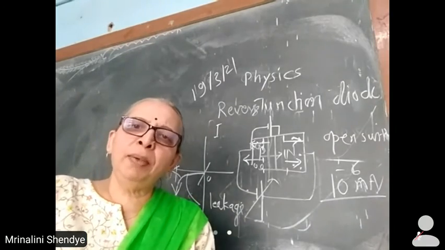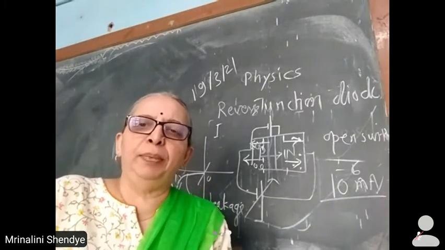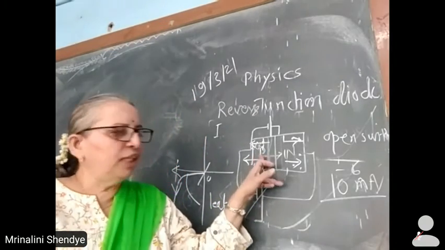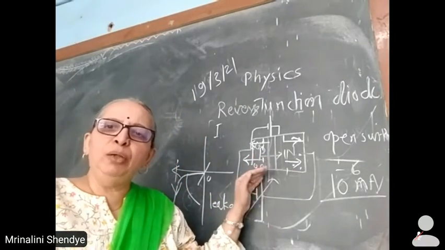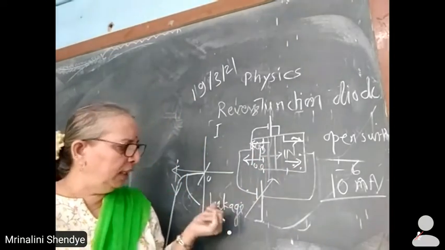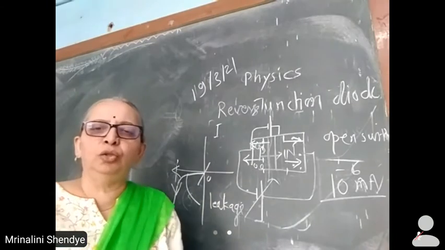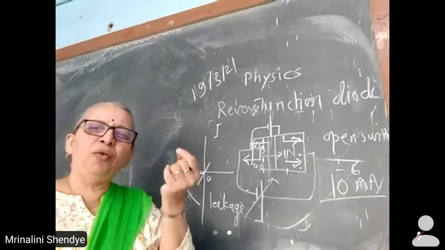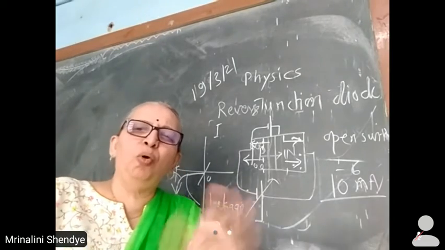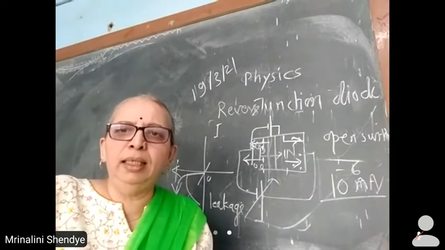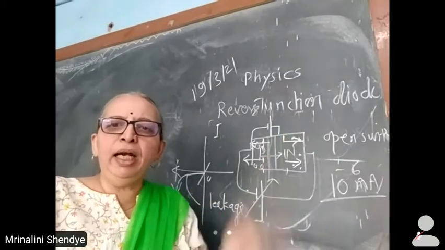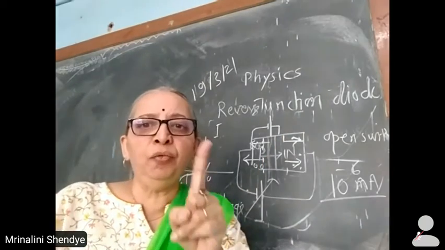Due to thermal agitation at room temperature, a few covalent bonds break and the charge carriers are able to cross the junction. Even though negative is applied towards it, you get a leakage current of negligible value, almost zero current. This is the property of the junction diode, and hence it behaves as a one-way switch.